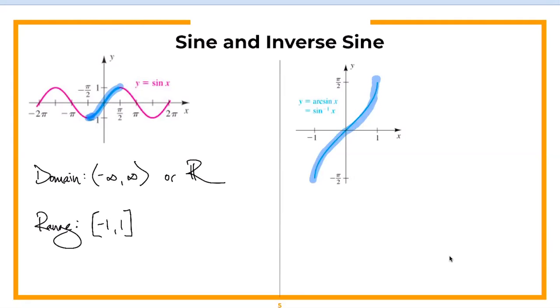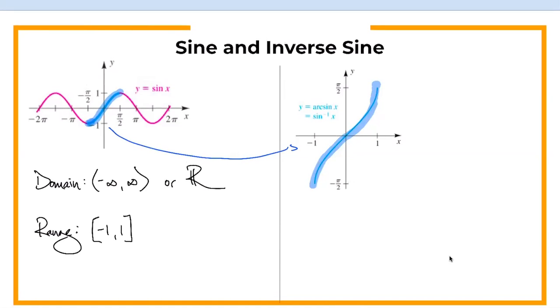So the first blue piece becomes the second blue piece by reflecting over y equals x. But to help us see that a little bit better, let's pick a couple of points and make sure for ourselves that the x and y values got switched.